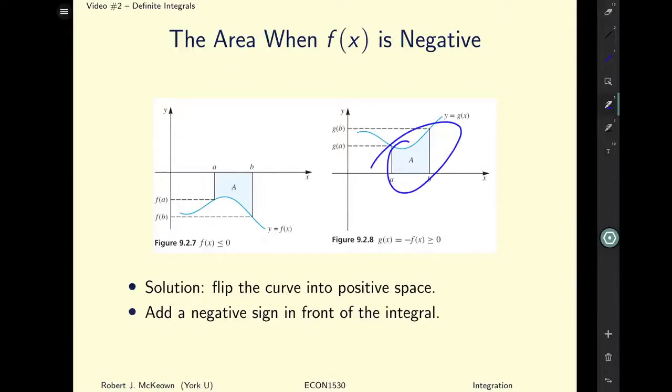Essentially we're going to redefine a new function, g of x, and put a negative value in front of our original f of x function. You can see the instructions right down here. So we can still find the area of A, but we have to imagine that it's going to be this positive space.